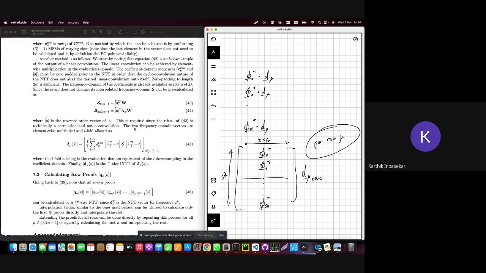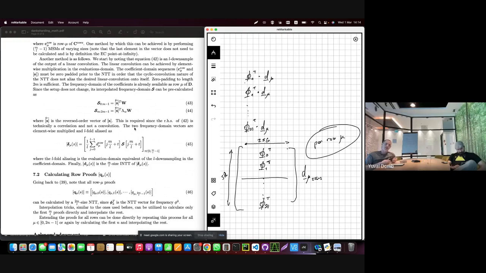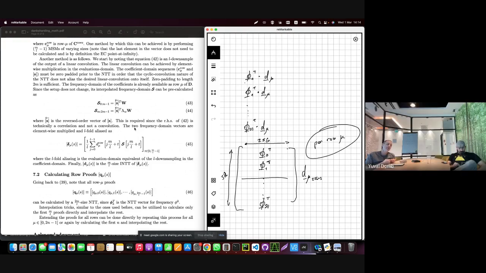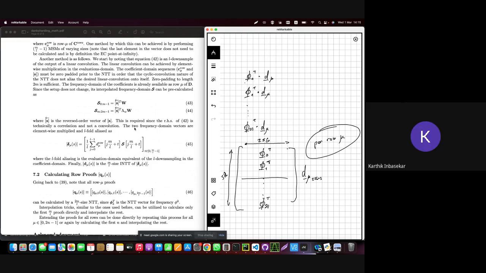Yeah, that's where the FFT comes in. Naively, you would calculate each one separately, but then you would get to a complexity of n squared. We can lower it to n log n using the FFT, because everything is linear.